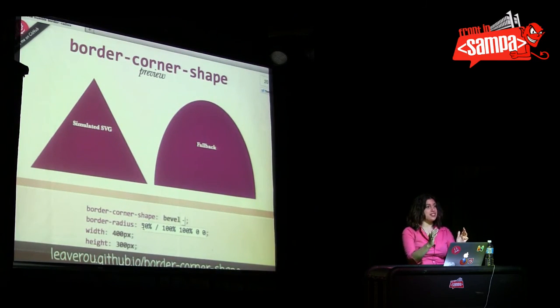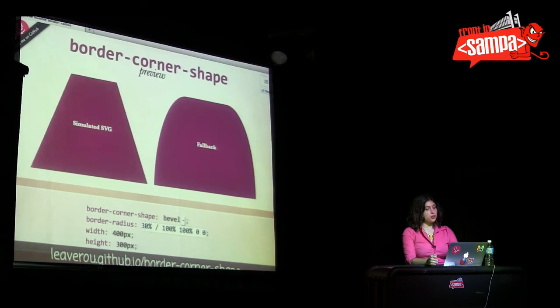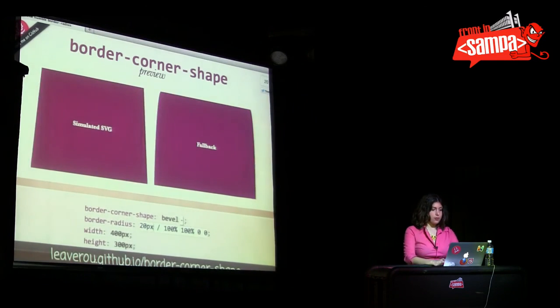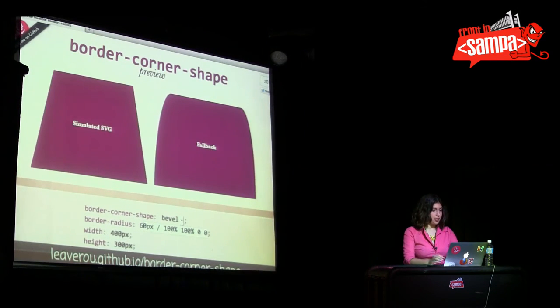Think of how we're making triangles today and how we'll be able to make them in the future with just two properties. Or we can make trapezoids. How are we making trapezoids today? Pseudo-elements with different borders, and it's a mess. And in the future, it will be just two properties. And we'll be able to specify them with many, many different kinds of values.